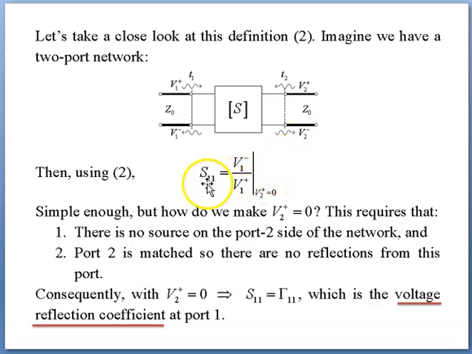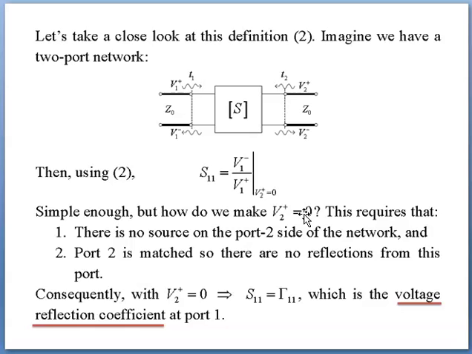Now, using equation 2, you will have S11 equal to V1 minus over V1 plus, when V2 plus is equal to 0. Why do we make V2 plus equal to 0?